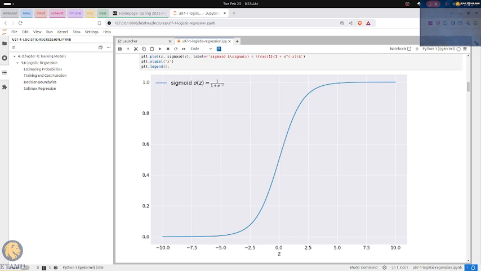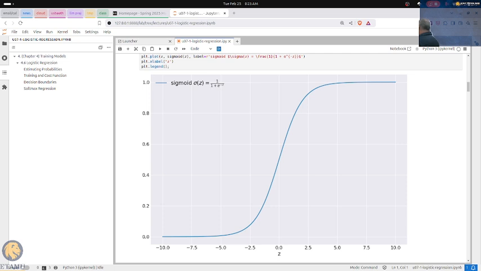Okay, so the larger the number is, the closer to 1 it gets, and it's already relatively close once you get to 5. So anything bigger than that, it just gets really, really close to 1. Right? The same for 0 in the opposite direction. So anything less than -5 is basically 0 using the sigmoid function.